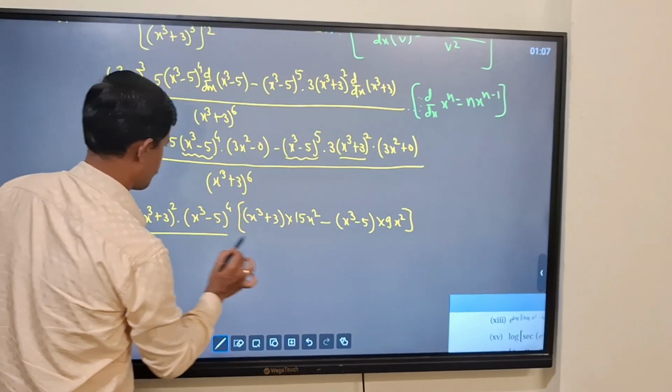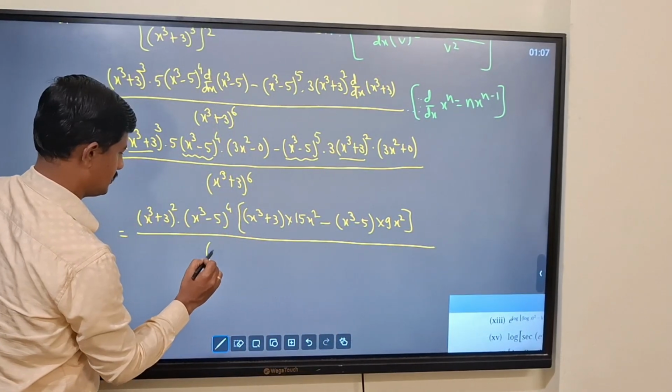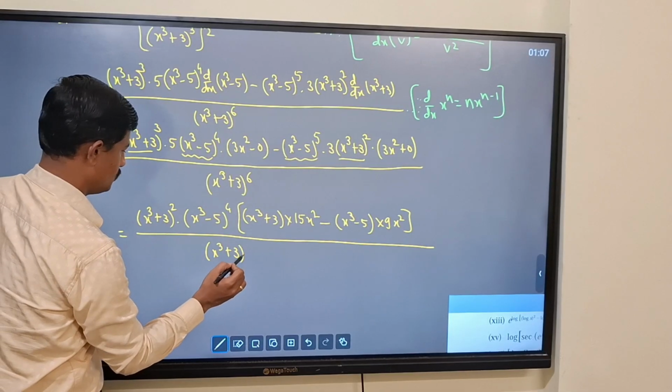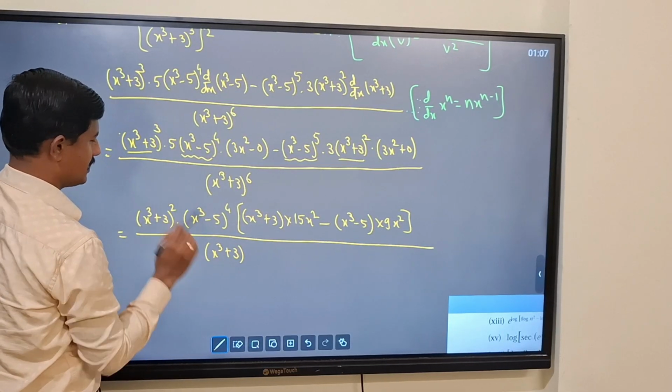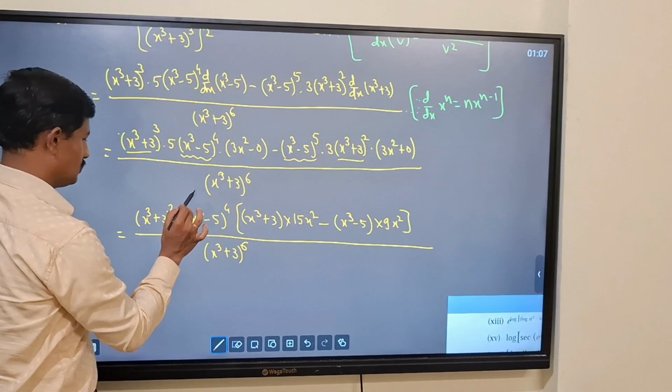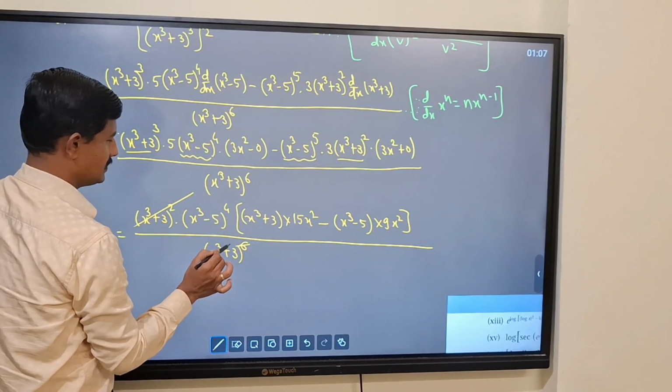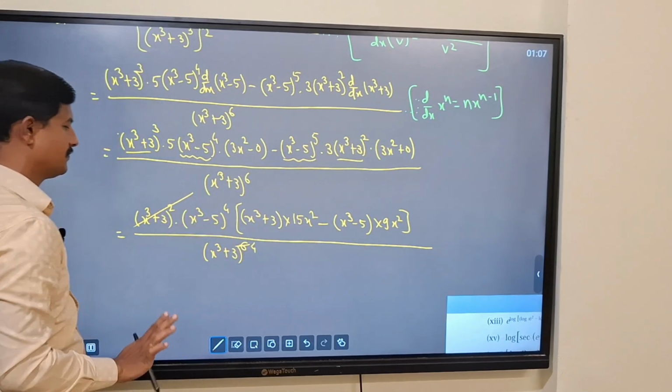Okay, here it's x cube plus 3 raised to 6. I can write down this, okay, 6. So these terms get cancelled with this 6 and here only remains 4.